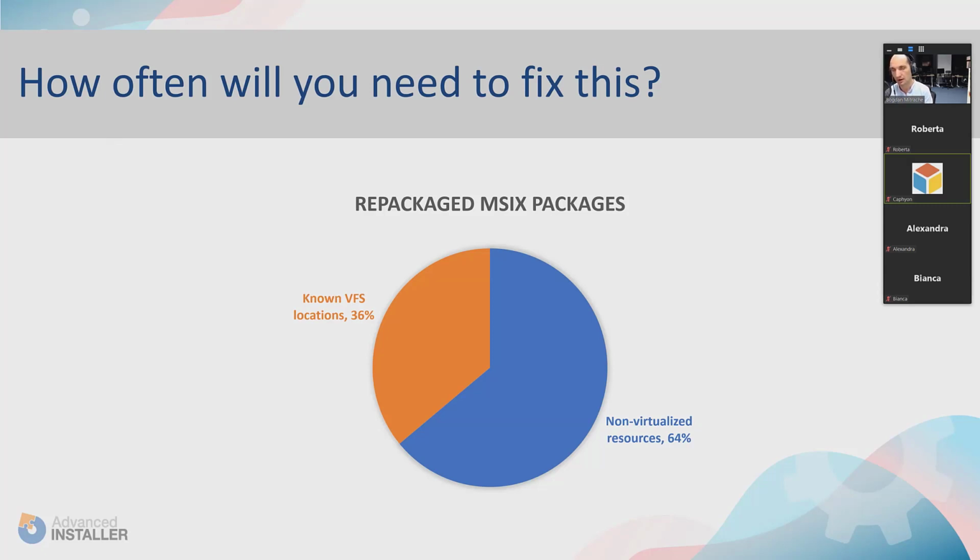But there are other apps from those 64% that also install in different locations, as you've seen, UserProfile and other locations that are not known to the virtual file system. In most of those cases, your app either won't be able to see those default settings or your customized settings, or it might sometimes crash if the app was not written correctly, because it doesn't find those files.